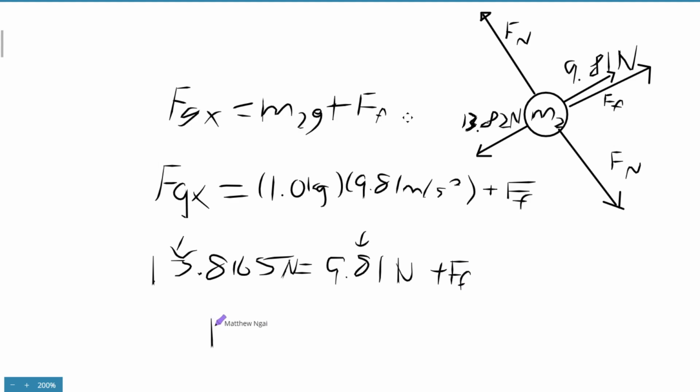So that means FF is just 13.8165 newtons minus 9.81 newtons.